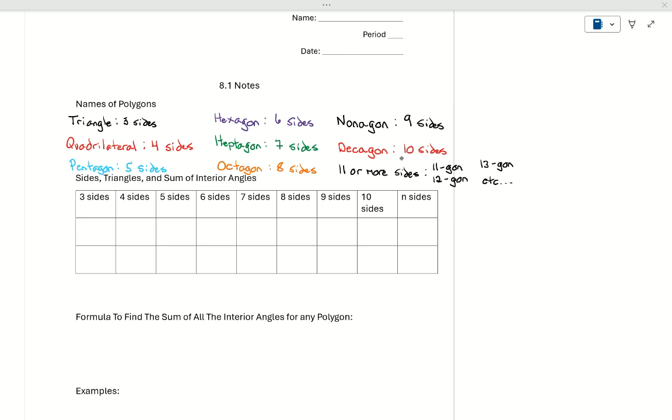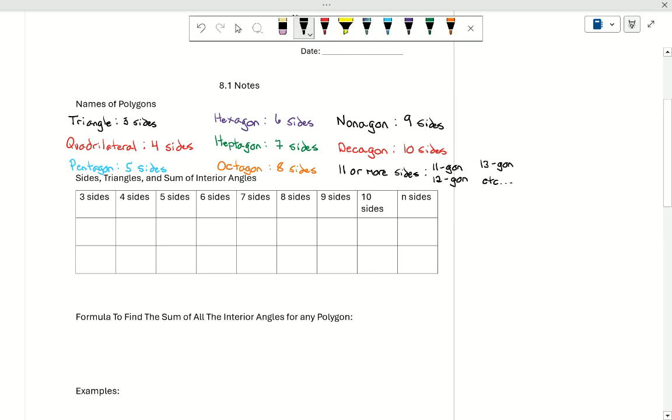Shape has 13 sides, we call that a 13gon. Okay? And et cetera, et cetera. But please don't translate that to thinking it's okay to, for example, refer to an eight-sided shape as an eightgon. You have to refer to an eight-sided shape as an octagon.